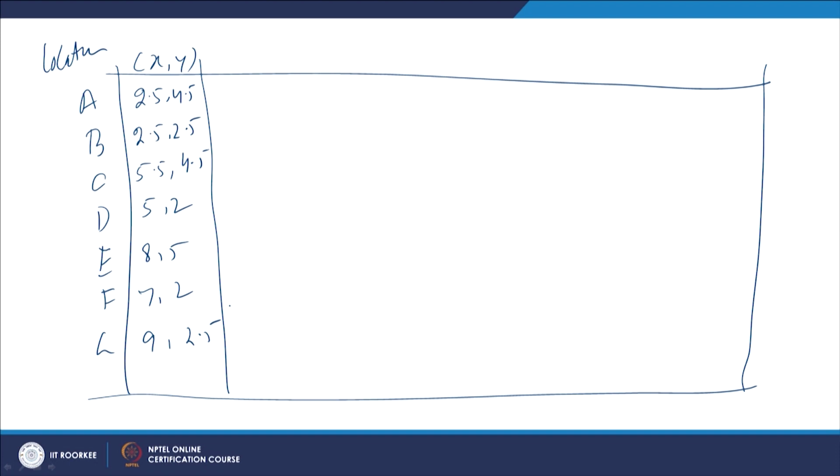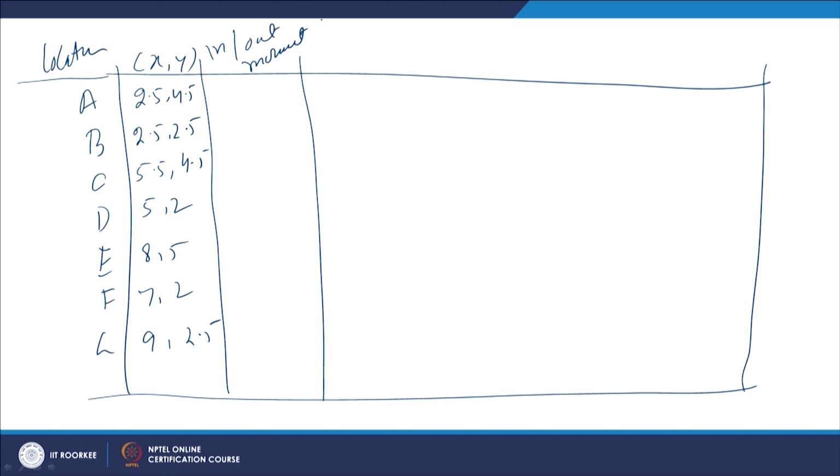These are the coordinates of the different sites, and say the inward and outward movement from the different sites or different locations.